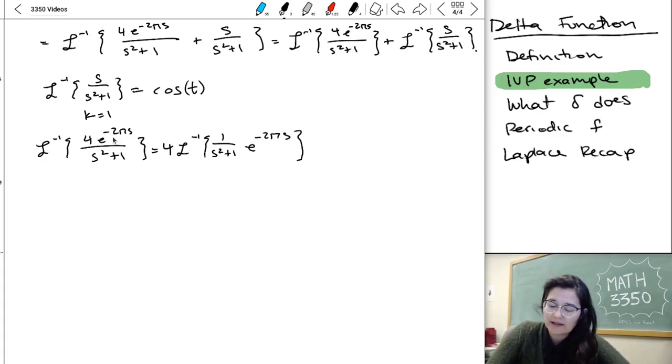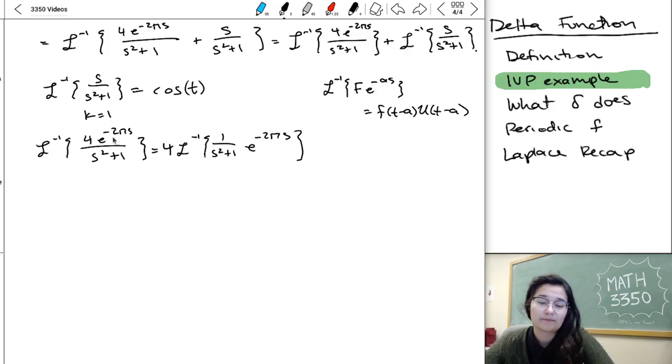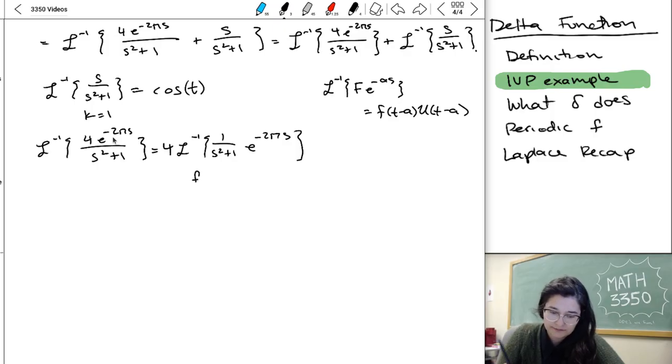The reason for that is because I want it to look like a Laplace inverse that we already know, which is F times e to minus as gives us f of t minus a u of t minus a. We didn't cover it in this section, but it's actually going to always show up whenever we use a delta function.